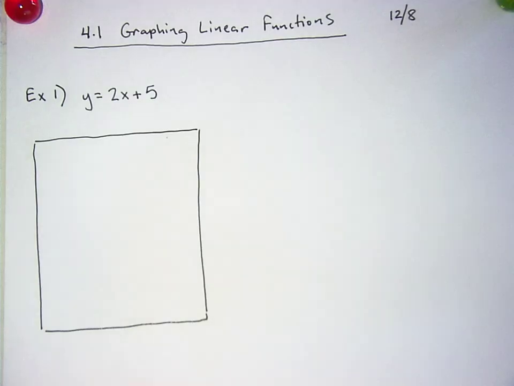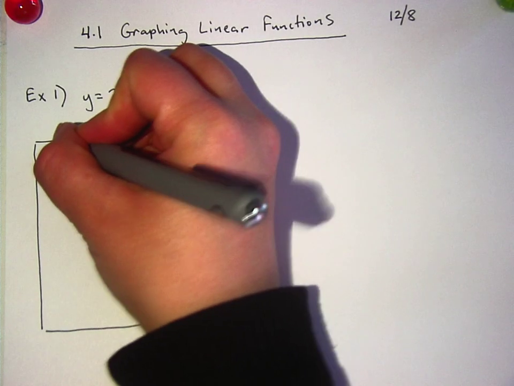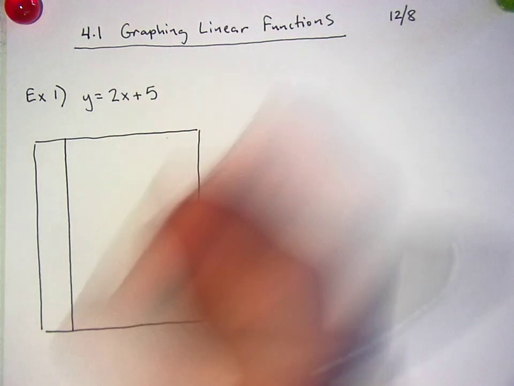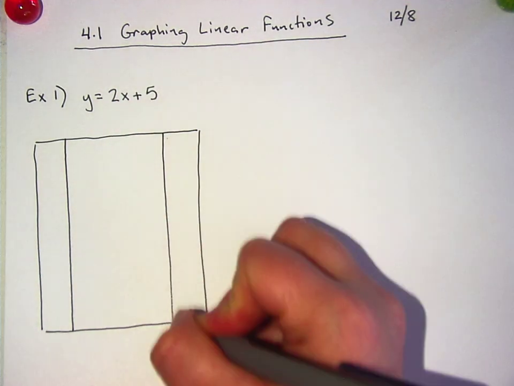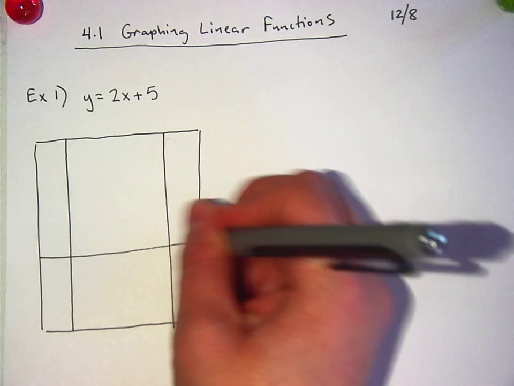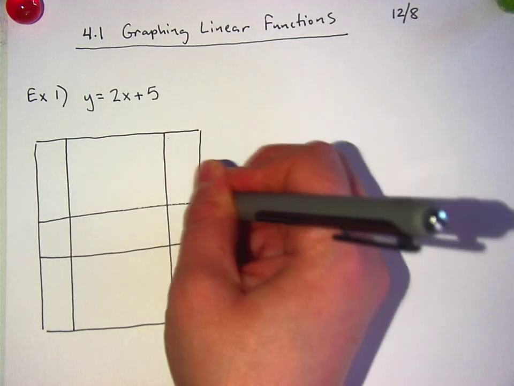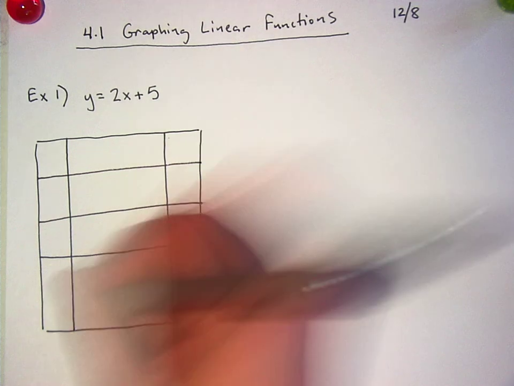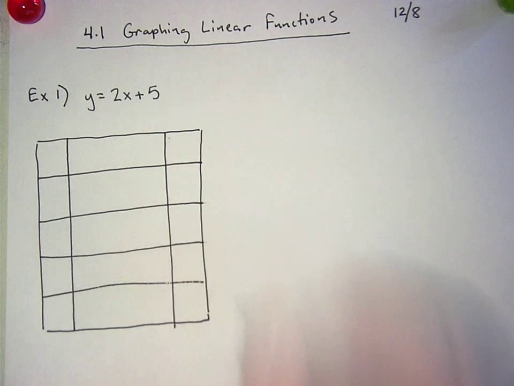But what I want you to do is make a chart. It's going to have a skinny column and a wide column in the middle, and then it's going to have 5 rows in it. Like this.